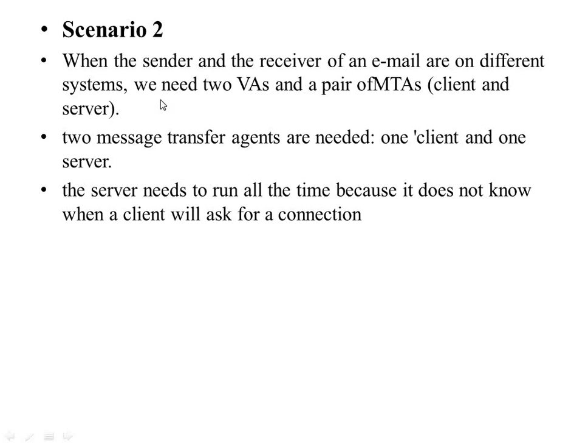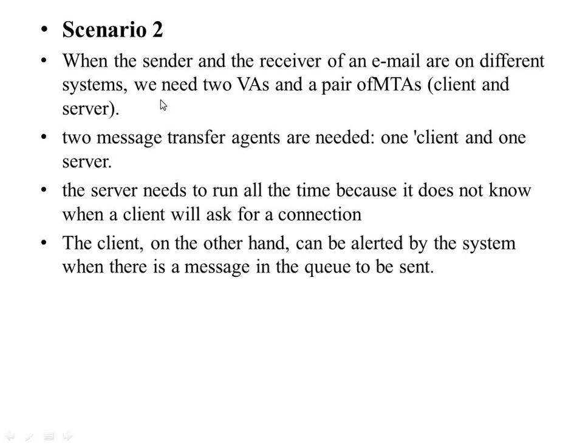So whenever you require a service, you ask for the connection, and through remote login, you get logged in to the server and access your mailbox. This is the best example of scenario 2. The client, on the other hand, can be alerted by the system when there is a message in the queue to be sent.